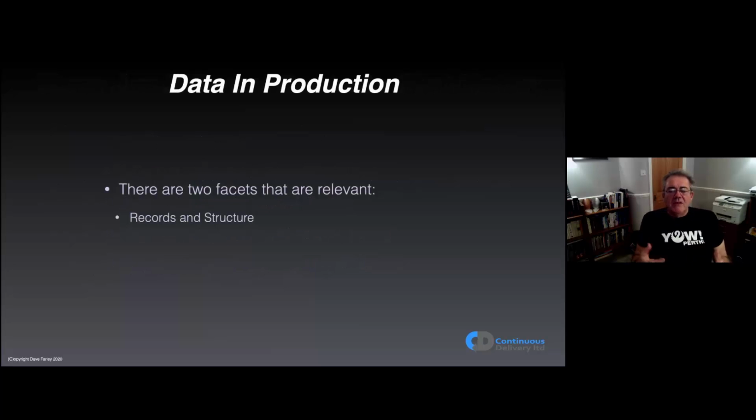When we start thinking about this, I think that fundamentally, whatever we mean when we start talking about data, there's two different aspects to that. There are the records that we generate, that transactional output of our system, and the structure that matters for us to be able to interpret those records.